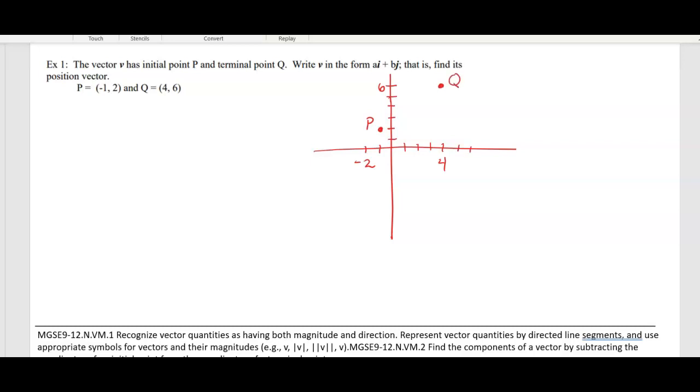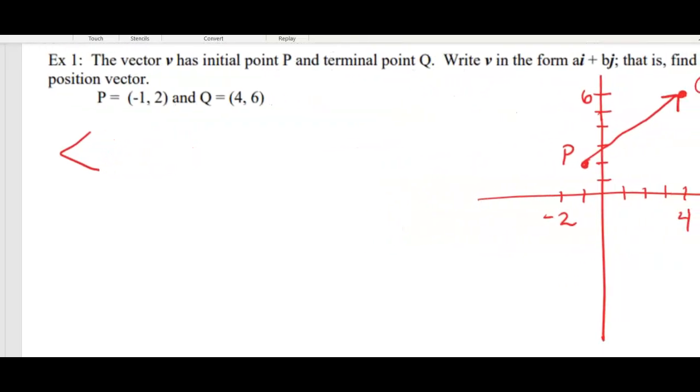Okay, so there's Q. So our vector is described as P is the initial, Q is the terminal, but I want to put it in what's called vector form. Okay, in the form ai + bj, the formula says all I have to do is take my x values and my y values and subtract. So the formula says take these values and subtract. My x values, order matters, subtract my y values.